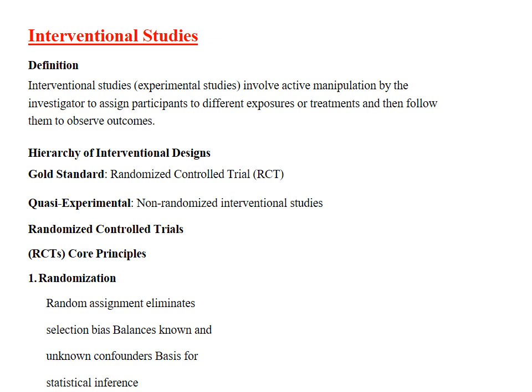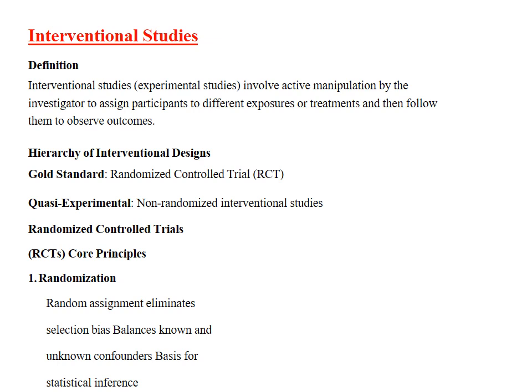Now we will discuss the interventional studies. What is the definition? Interventional studies involve active manipulation by the investigator to assign participants to different exposures or treatments and then follow them to observe outcomes. Hierarchy of interventional designs: the gold standard, randomized controlled trials, or RCT; quasi-experimental; non-randomized interventional studies. Randomized controlled trials, core principles: randomization.